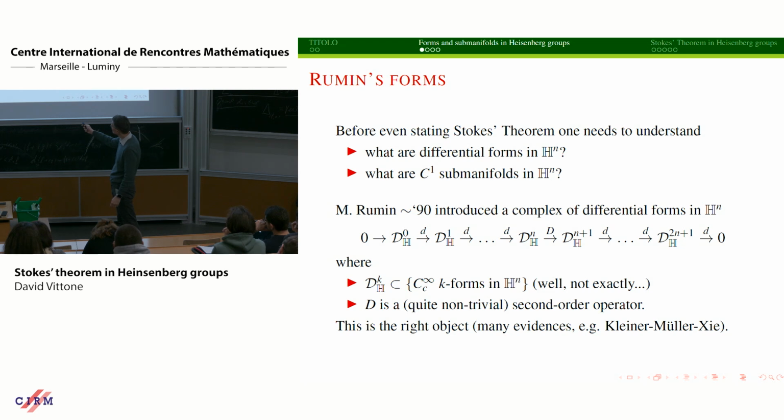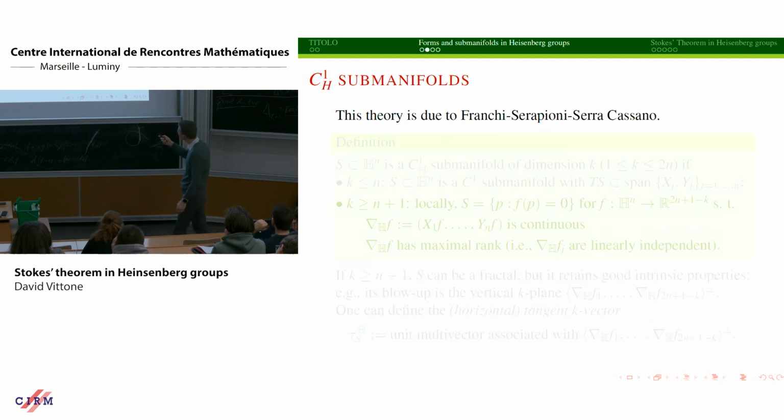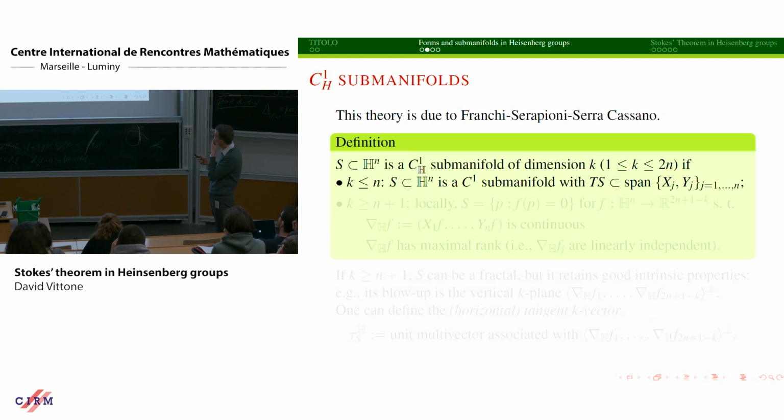So there is a certain definition which works for forms of low dimension and another definition for forms of low codimension, okay, from n+1 on. The same is reflected in the definition of intrinsic C1, C1H submanifolds, okay?